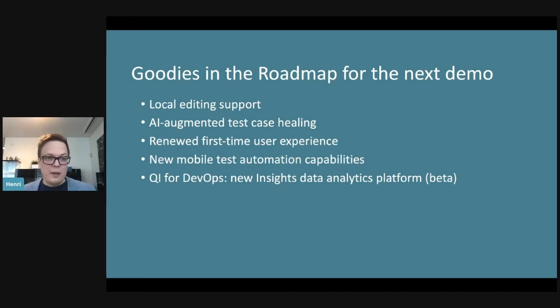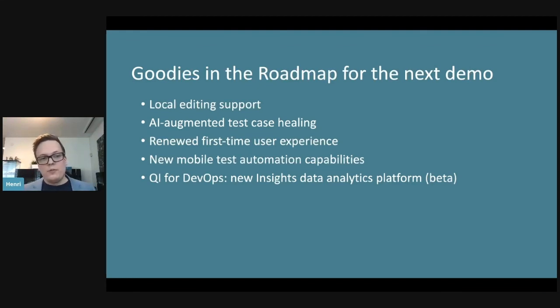More mobile test automation capabilities, improving on what we have on mobile. And the cherry on top of the cake: we've been talking a lot about test automation, but with test automation, basically what you're doing is verifying the quality of your software product. We are now expanding this with QI for DevOps, so quality intelligence for DevOps, a new insights and data analytics platform that we're building on top of this.